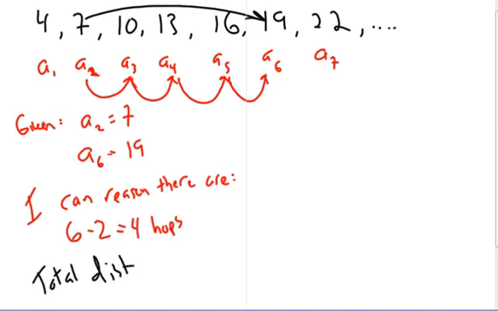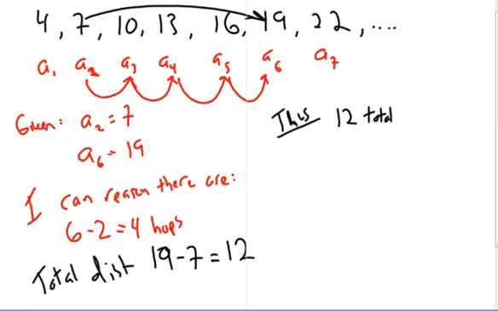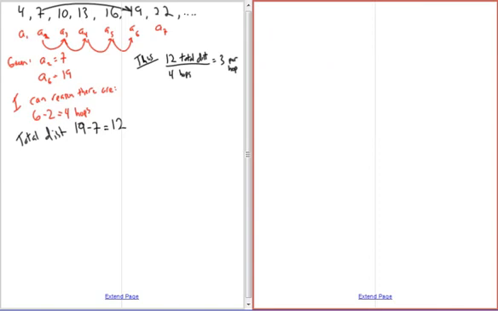The total distance from 7 to 19, so that's 19 minus 7, is 12. So we moved a distance of 12 units over the course of 4 hops. So that means we did 3 units, so to speak, per hop. That's the common difference.